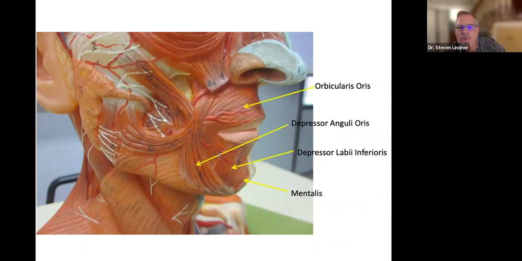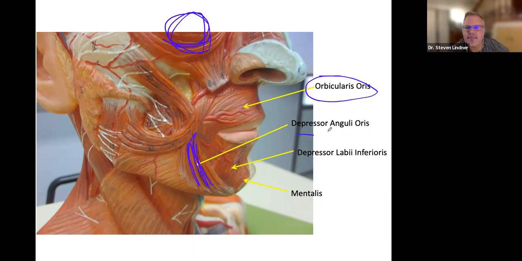Now going all the way around the lips. Remember, going around the eye was the orbicularis oculi. Now going around the lips is the orbicularis oris. If we look from the corner going down this way, there's a depressor anguli oris.